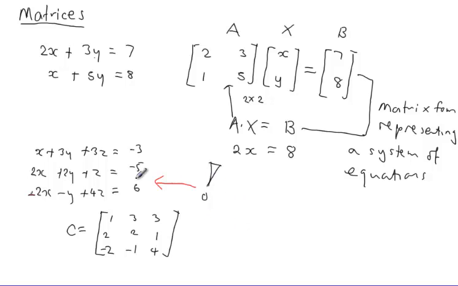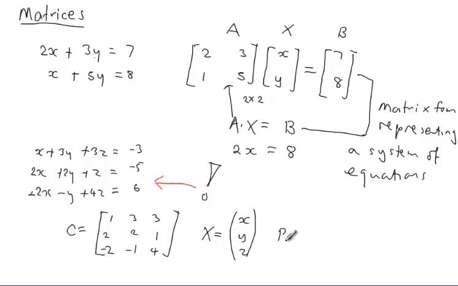This solution will not change if we swap the equations around, or we multiply an equation by a non-zero coefficient. The solution x, y, z will still be the same. So now the matrix of the unknowns will be x, y, and z.